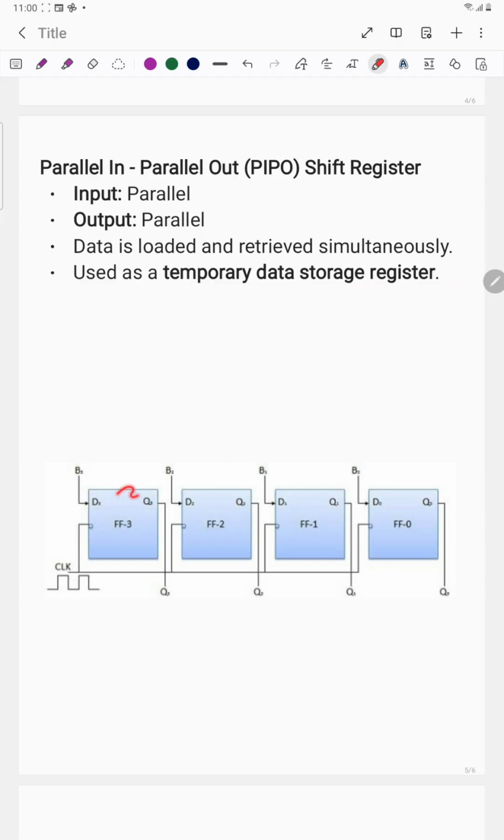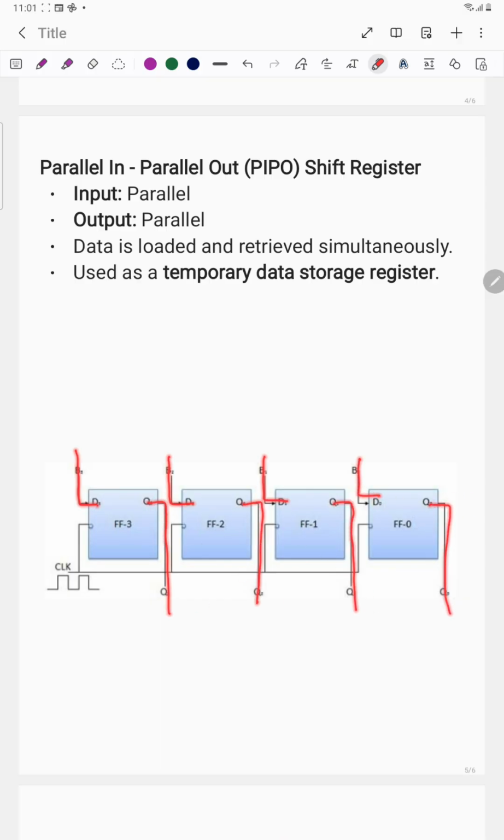Here in the block diagram, there are 4 flip-flops, and you have to draw the clock. The input data is in parallel form, and the output data is also in parallel form.